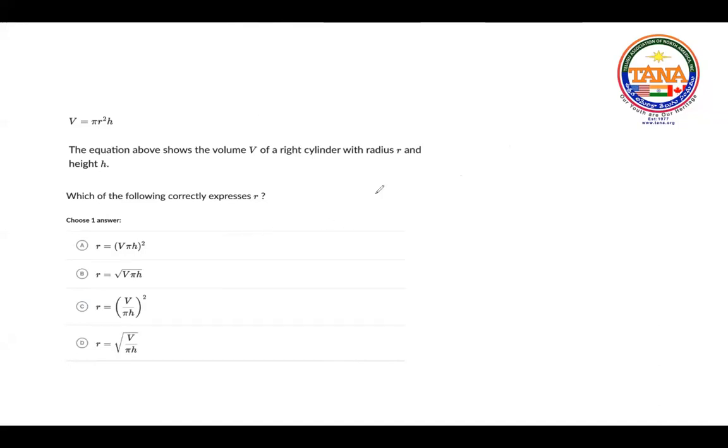So for this question, you want to find out whatever r is. So you have the equation v equals pi r squared times h. First thing we do, you divide this entire thing by pi and h because these two are multiplied to r squared.